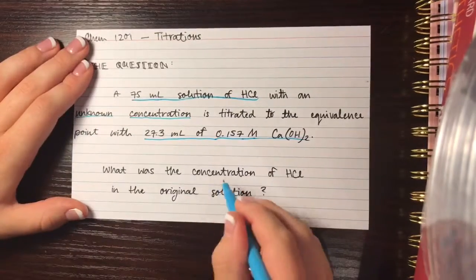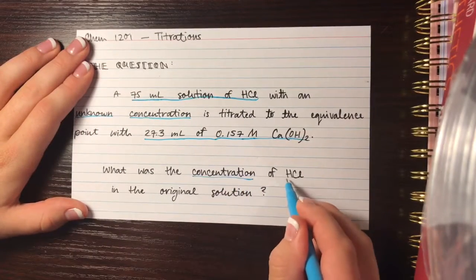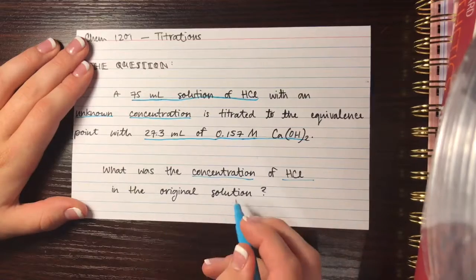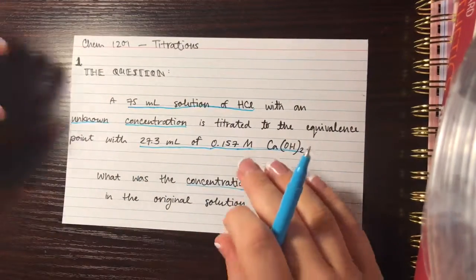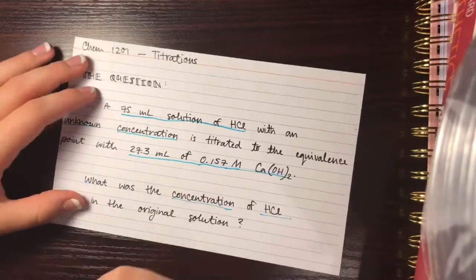Alright, and what is the concentration of HCl of the original solution? Okay, and from that we can start drawing an illustration to help us get a clearer idea of what we're doing.